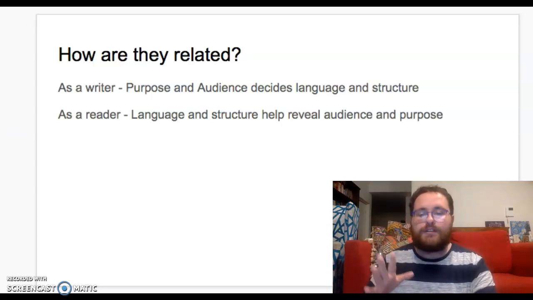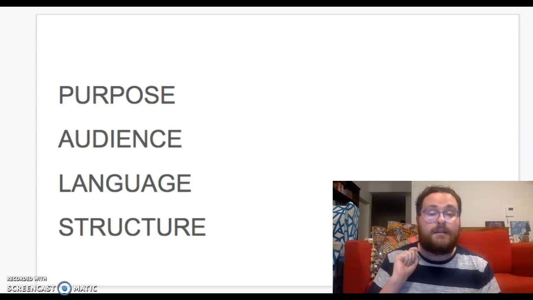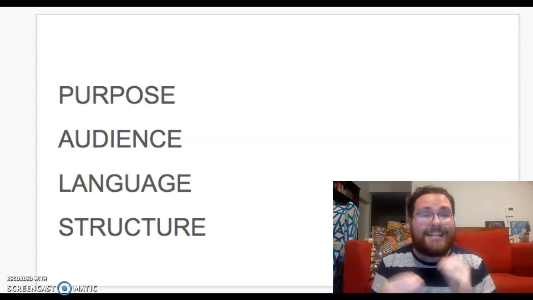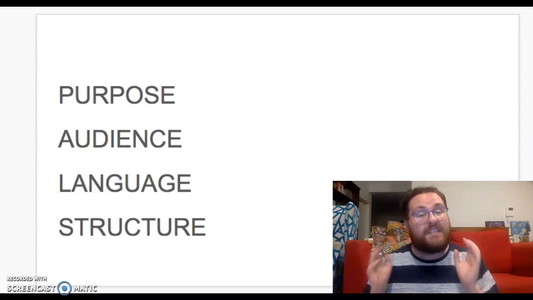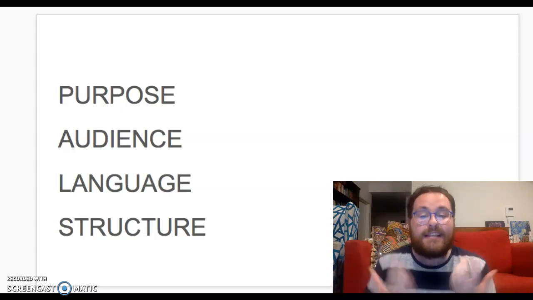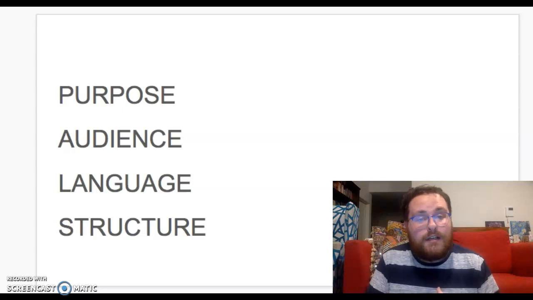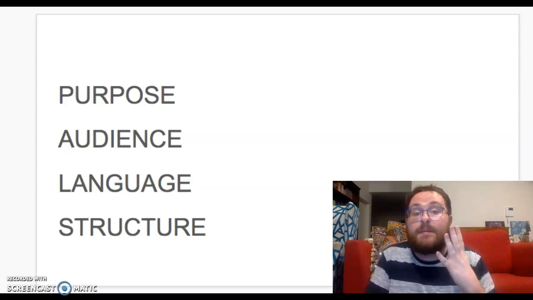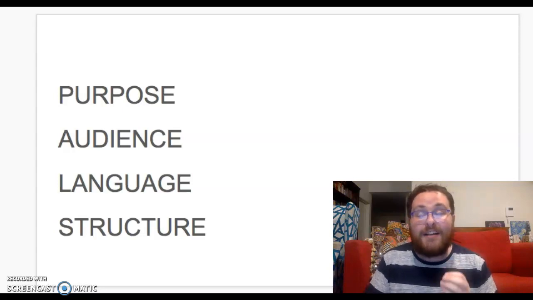So, just as a bit of a summary, PALS is purpose, audience, language, and structure. And they're interlinked. Okay, by understanding how they work and what they look like in a text, essentially what you're going to be doing is creating a foundation for deeper deconstruction as well as better construction, because they are so inextricably linked.